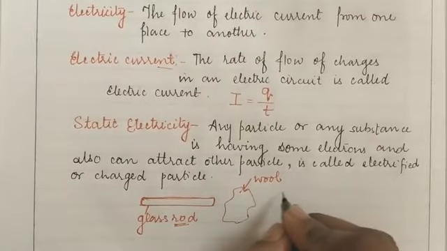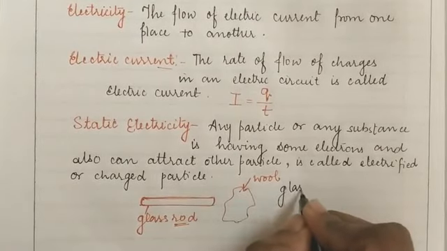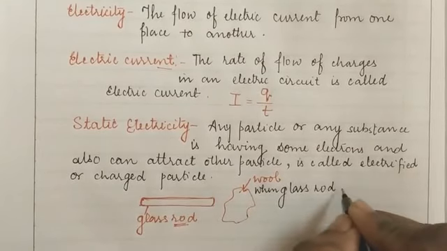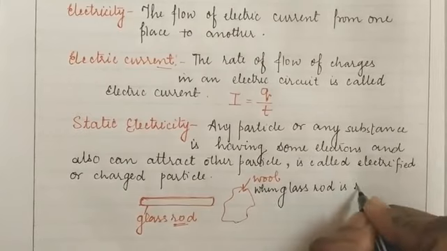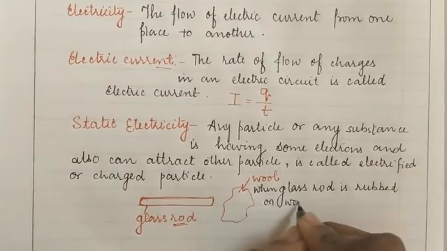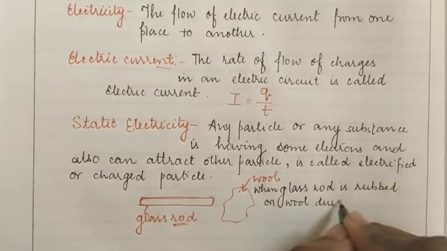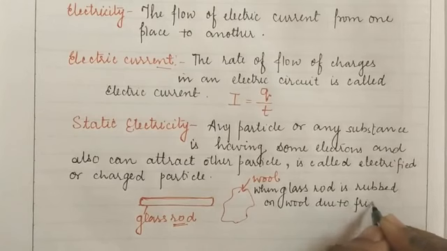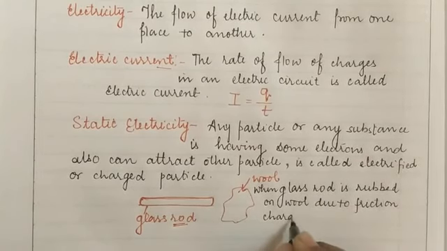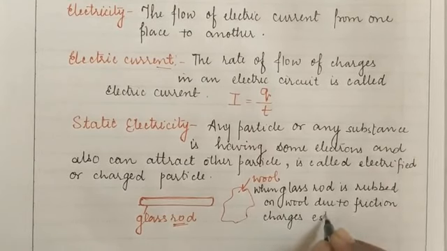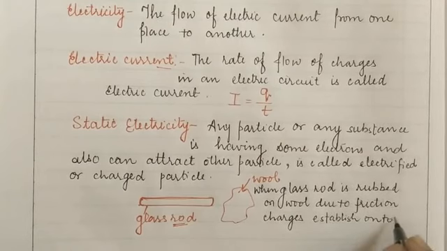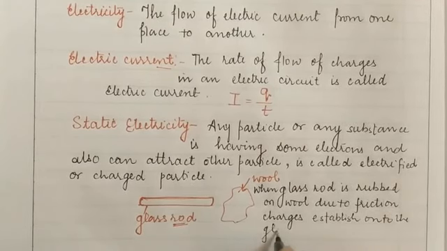Here, as a glance: when a glass rod is rubbed on wool, due to friction, charges are established onto the glass rod.